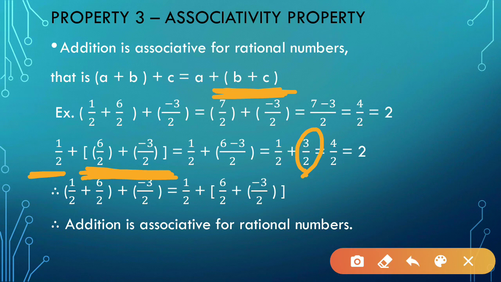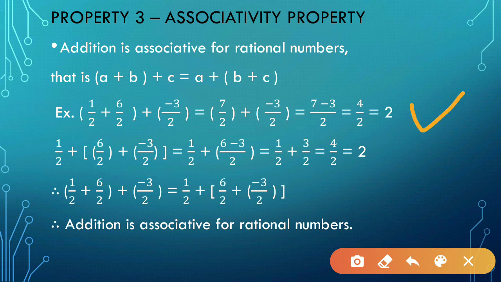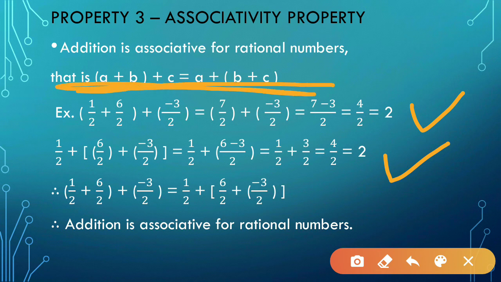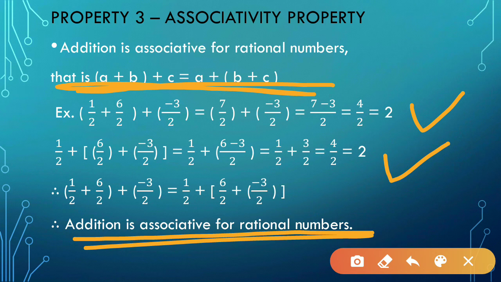When you solved the LHS, you got 2, and when you solved the RHS, again you got 2. That means this condition is satisfied, because the LHS and RHS have the same result. That means addition is associative for rational numbers.